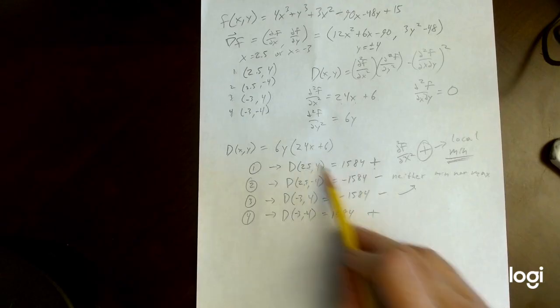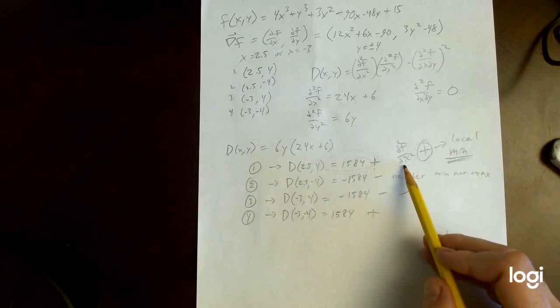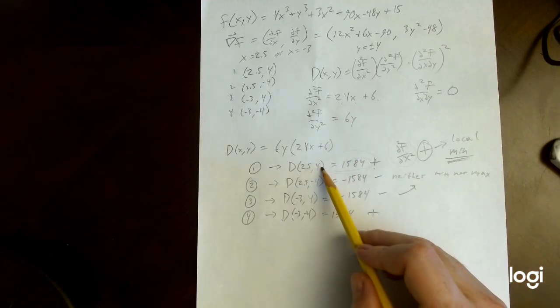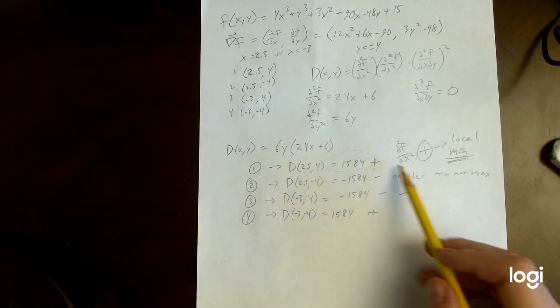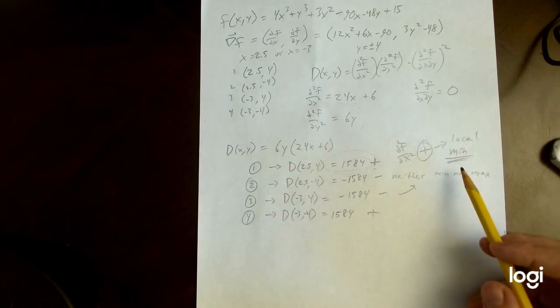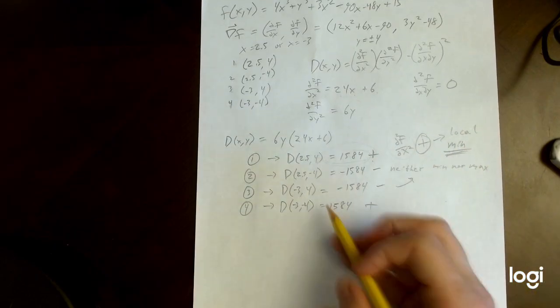We know both directions because d was positive. We could double check, of course, that the second order derivative in y is positive. We know 6y, y is positive, so the second order in y will also be positive. So both of them are concave up, and so this spot will be a local minimum.